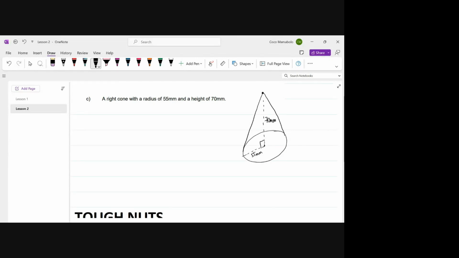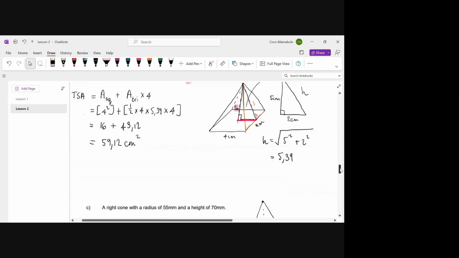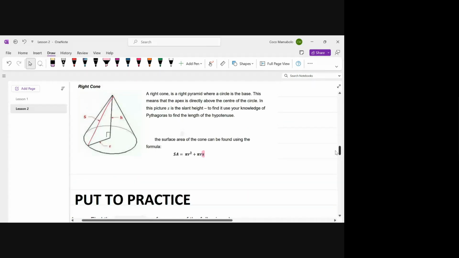All right. So when we want to calculate the surface area, we're just going to take the area of the circle, which is pi r squared, plus pi times the radius times the slant height. That's what the formula says, right? There it is.